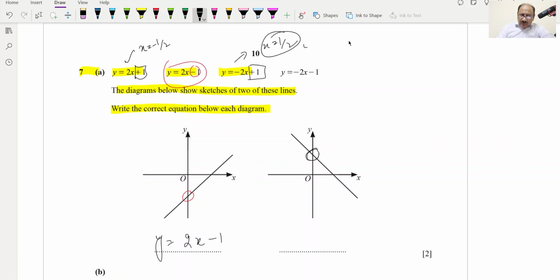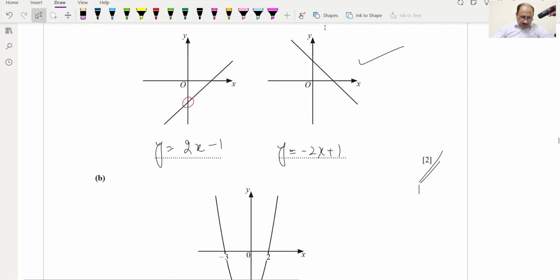So this will be the equation for this curve, because it has a positive y-intercept and a positive x-intercept, so both are positive. So y is equal to minus 2x plus 1. This was a 2 marks question for identifying the equations.